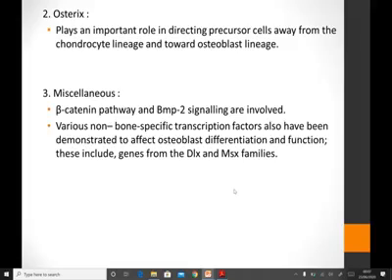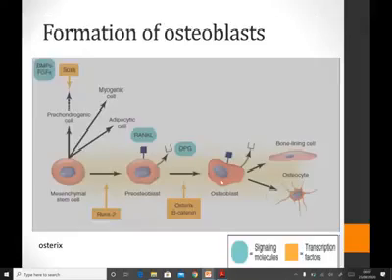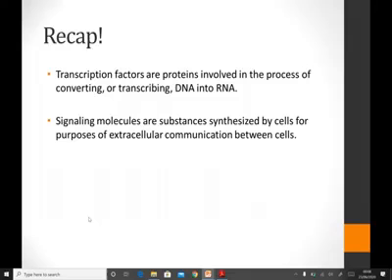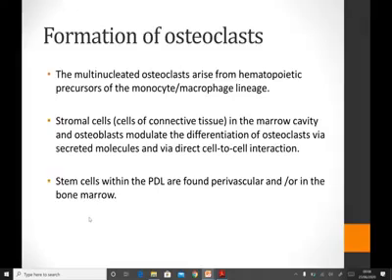So that is how the osteoblast is formed from the mesenchymal stem cell. A lot of transcription factors and signaling molecules are involved in the process, and the important ones to remember are RUNX2, osterix, beta catenin, and BMP2 signaling molecules. This is all about the formation of an osteoblast.